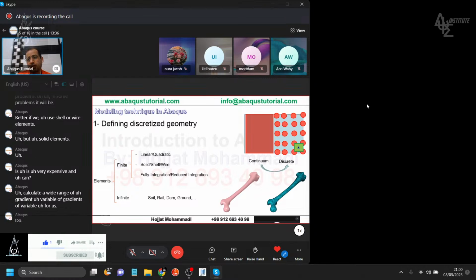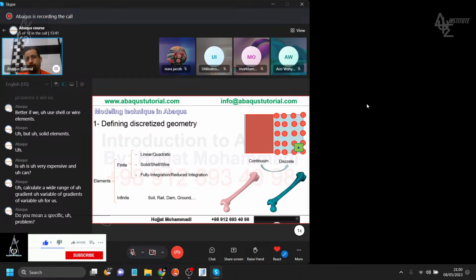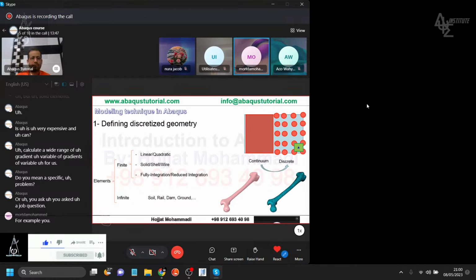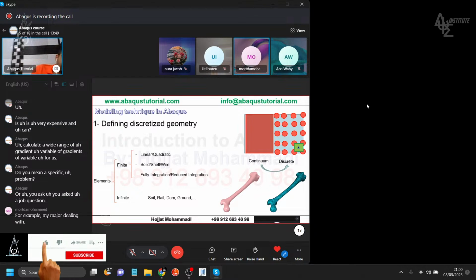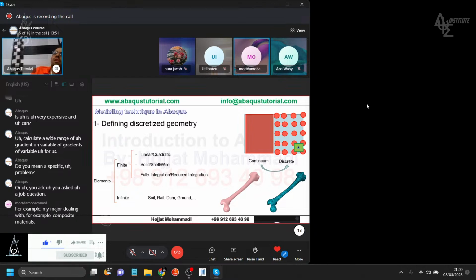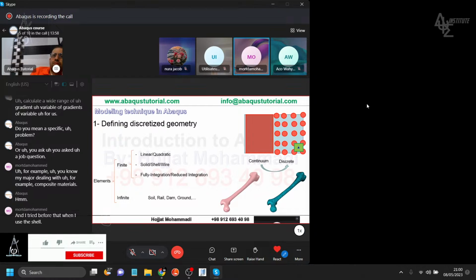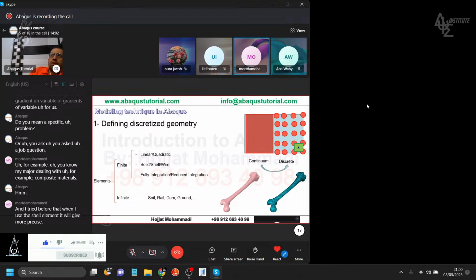Do you mean a specific problem, or you asked a general question? For example, my major deals with composite materials. And I tried before that when I use the shell element, it gives a more precise solution than the solid element.